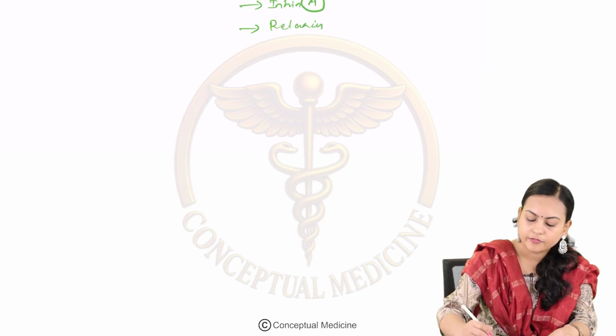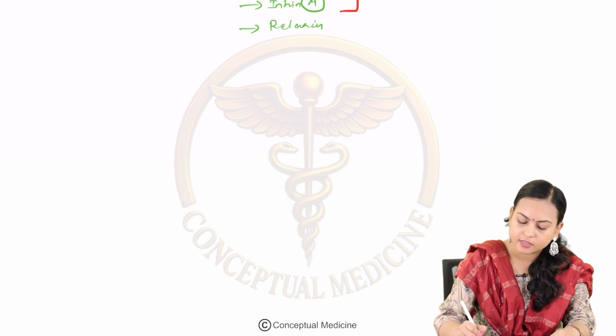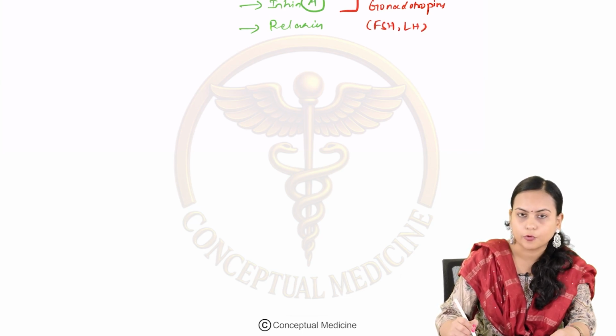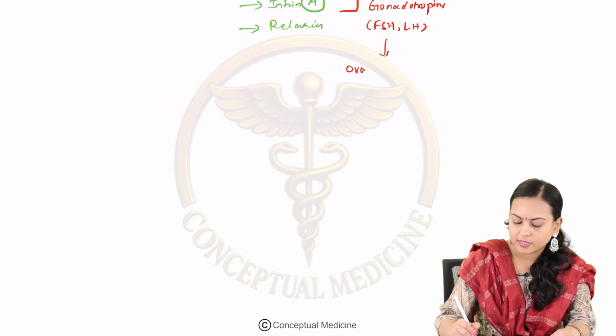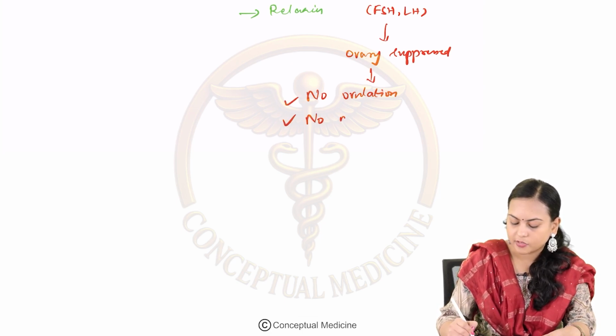Now, the first three hormones are going to act upon the gonadal axis, and it is going to inhibit the gonadotropins, namely the follicle stimulating hormone and the luteinizing hormone. And it suppresses the ovary. Ovary is suppressed. So, no ovulation, and no menstruation, and this leads to amenorrhea.